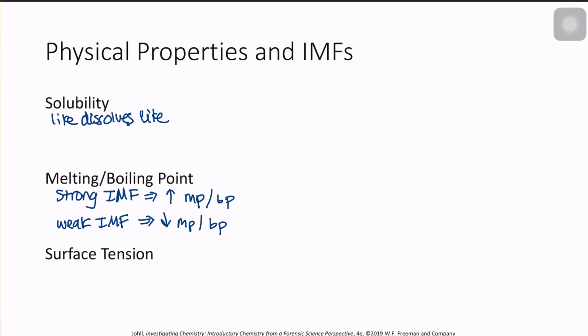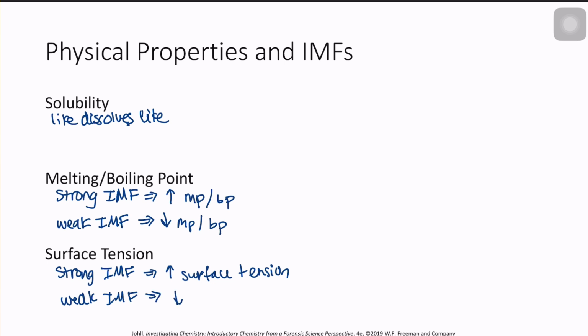Surface tension is going to follow the same pattern. The stronger the IMFs, the higher surface tension you're going to have. Weak IMFs are going to give way to lower surface tension.